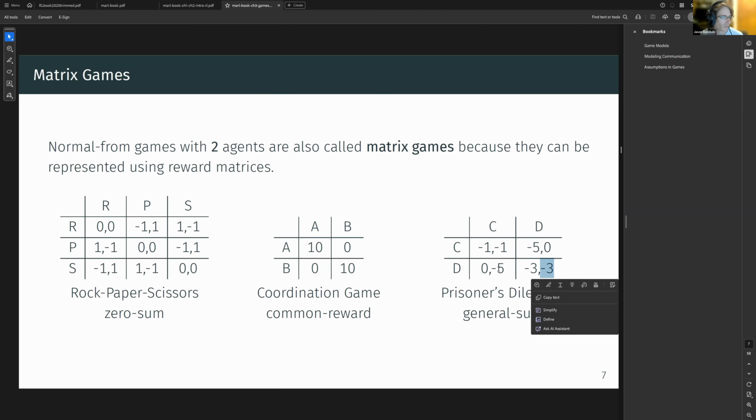It would go from -3 to -5. So that's why this combined action is actually stable, in the sense that if both agents consider whether it makes sense to change their behavior, they would decide not to, because the result would end up being worse. So does that make sense to people?